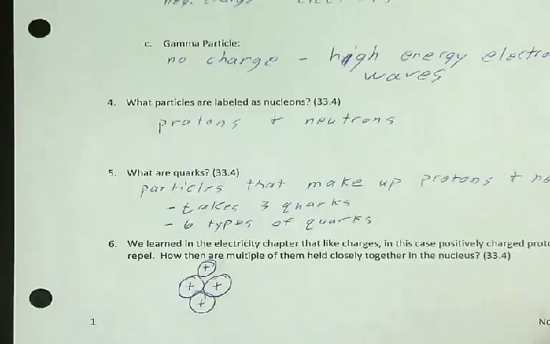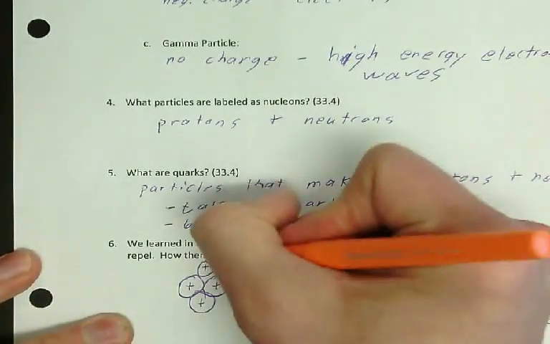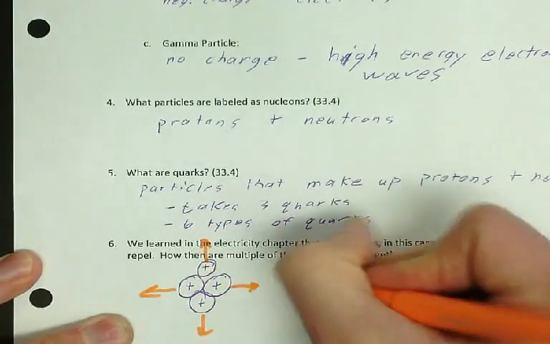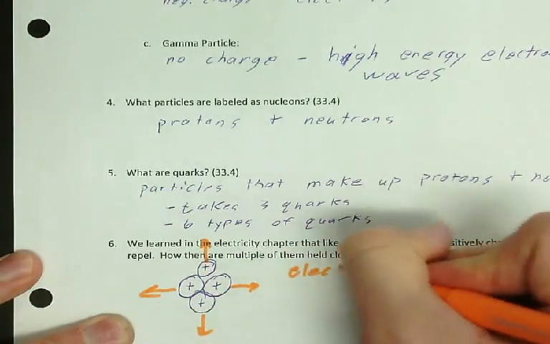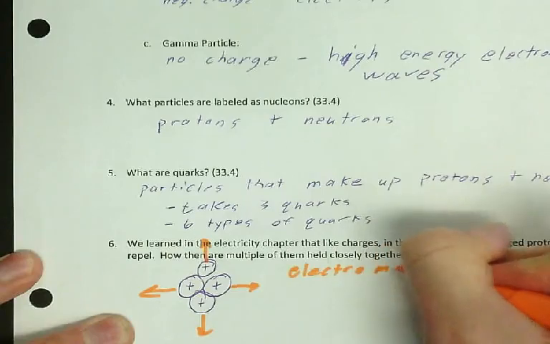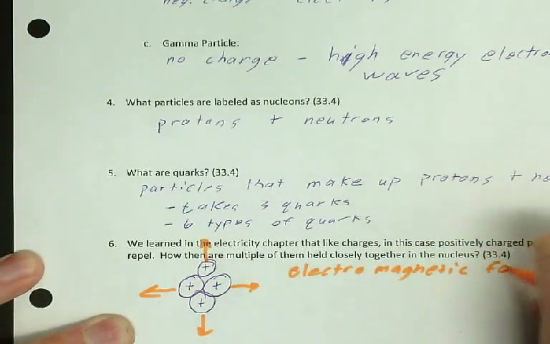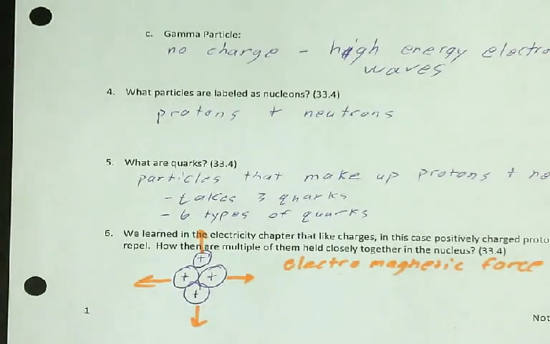First of all, they want to repel. They want to go away from each other. And that's called the electromagnetic force.